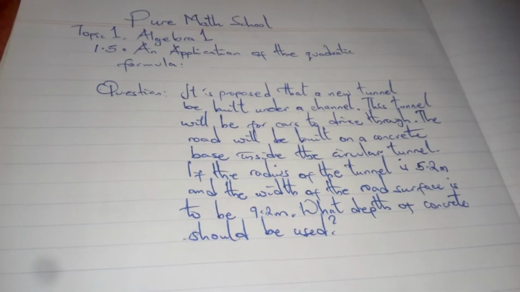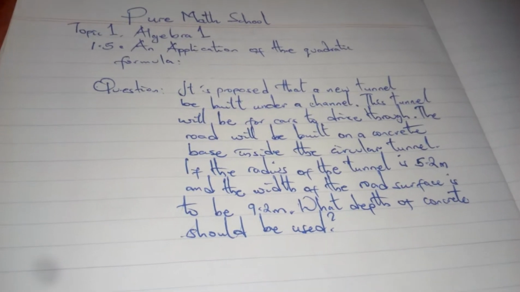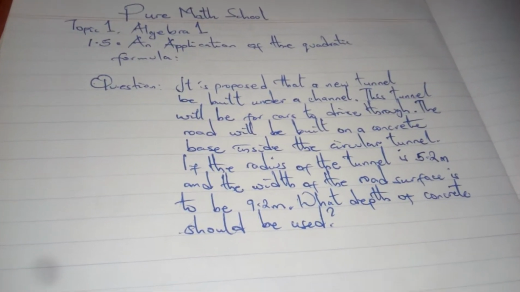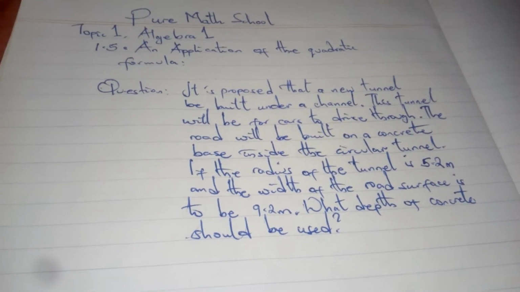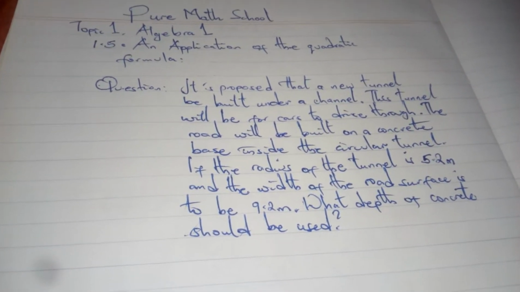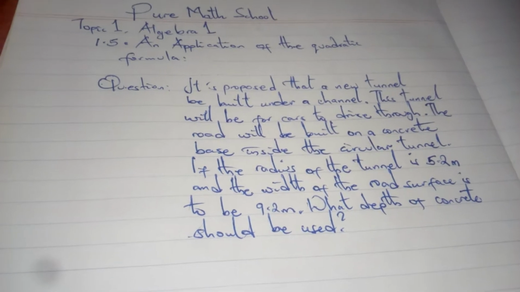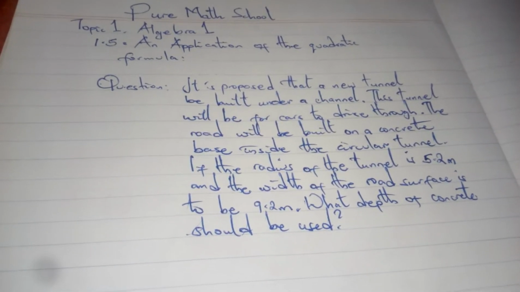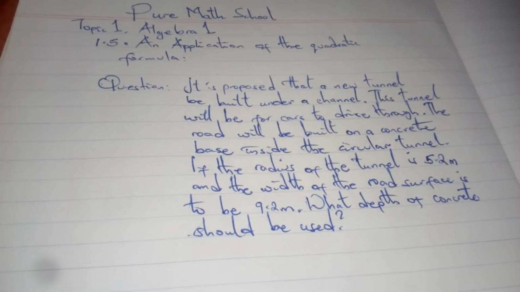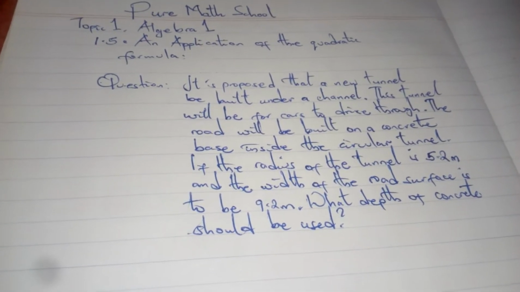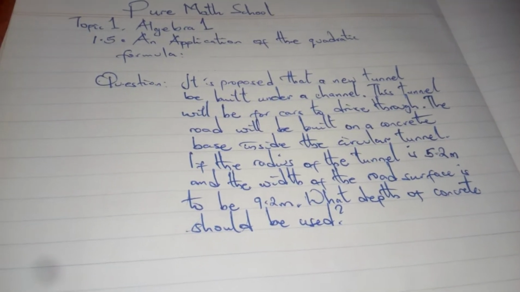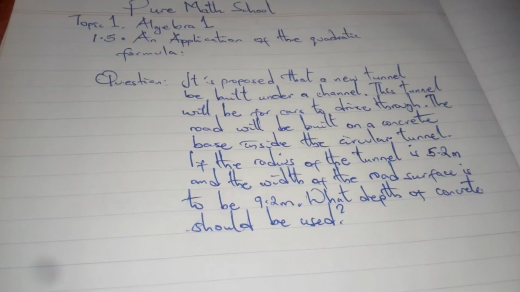Let's try to help the civil engineer who is trying to build a road through a circular tunnel. He has proposed the width of the road surface to be 9.2 meters, and he has measured the tunnel's radius to be 5.2 meters. According to the question, it's asking what should be the depth of the concrete.